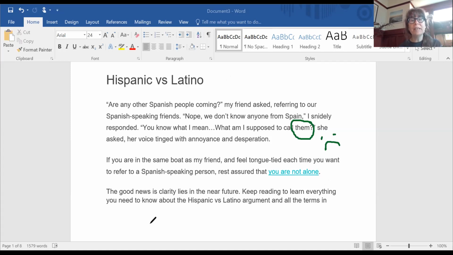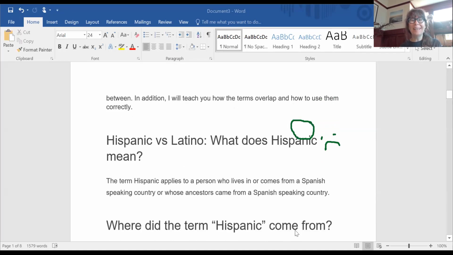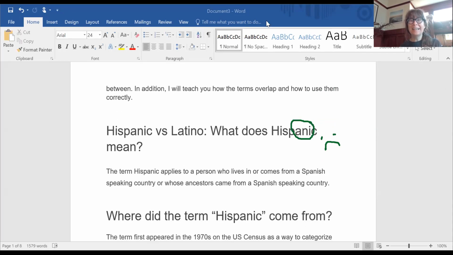Keep reading to learn everything you need to know about the Hispanic versus Latino argument and all the terms in between. Sorry, I gotta move this up. In addition, I will teach you how the terms overlap and how to use them correctly.